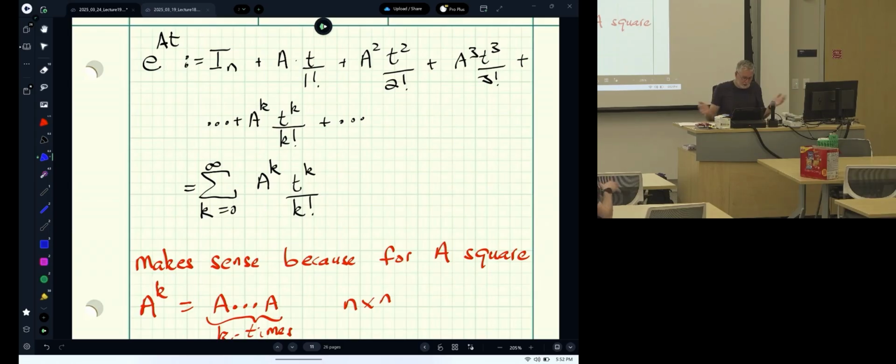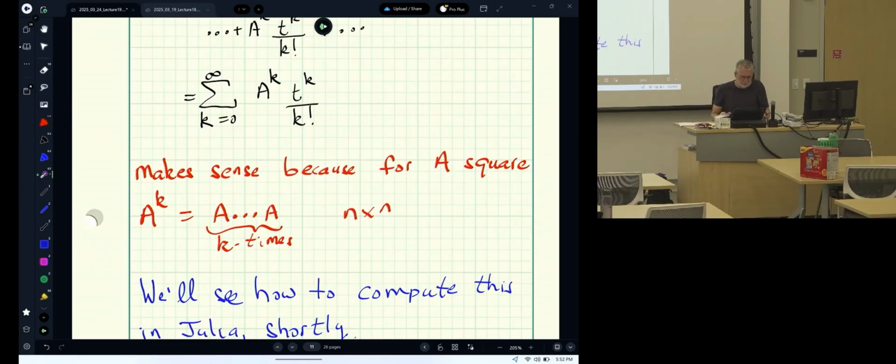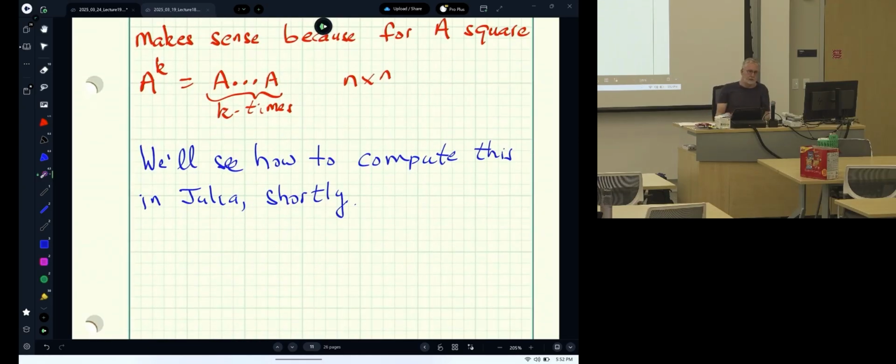So everybody in this room can take a matrix, raise it to a power, multiply it by a scalar, and add them up. So there's not a doubt that we could do this. The question is, is it an object that is interesting and something we can manipulate and understand?